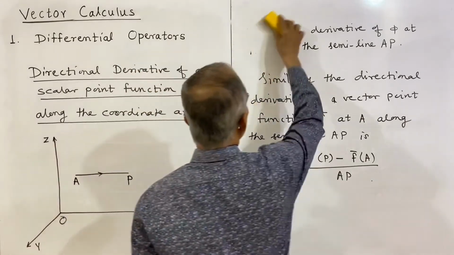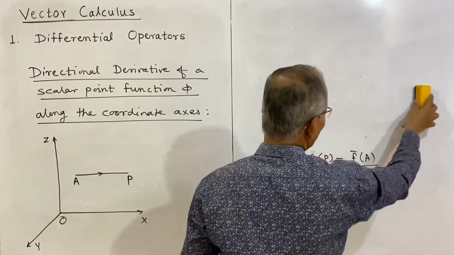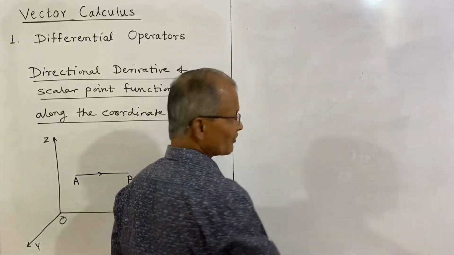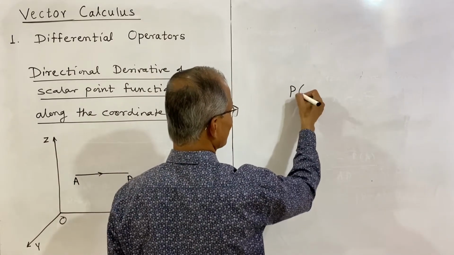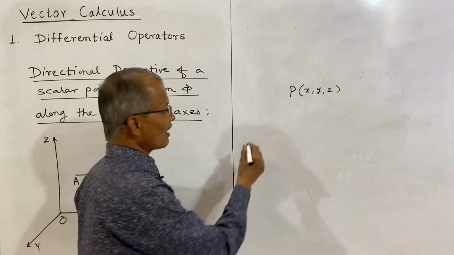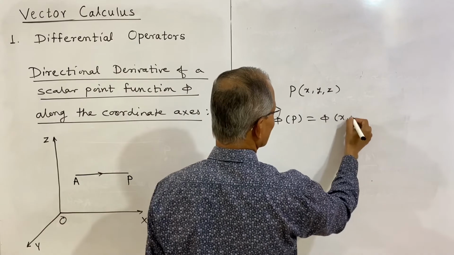But before that we will denote these scalar point functions and vector point functions at a particular point. If you consider the coordinates of P as x, y, z, then phi of P will be equal to phi of x, y, z.